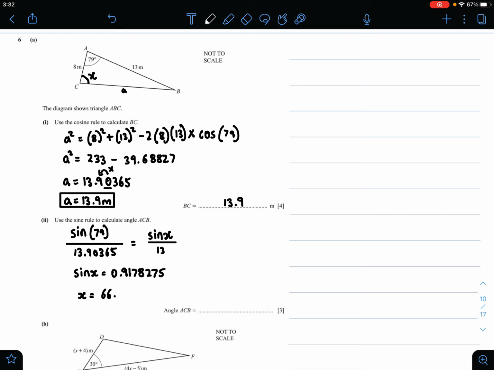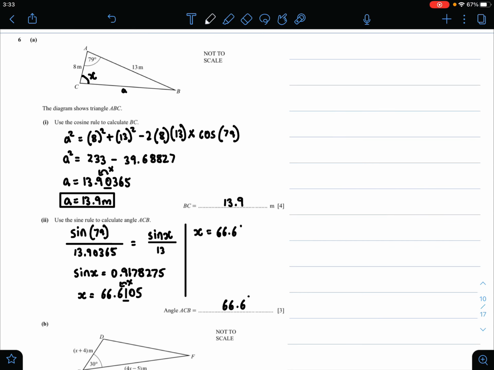Therefore 66.6105 will be our final answer, and since you have to give your answer in 3 significant figures, your final answer will be 66.6 degrees, because the fourth significant figure, which is 1, is less than 5, so it won't round off the third significant figure, that is 6, to the next number. So 66.6 degrees will be your final answer for part A2.